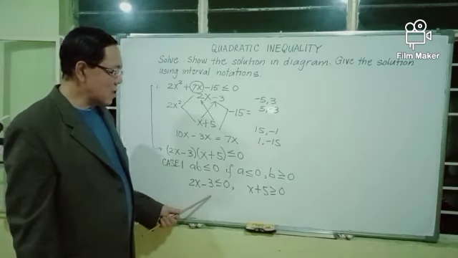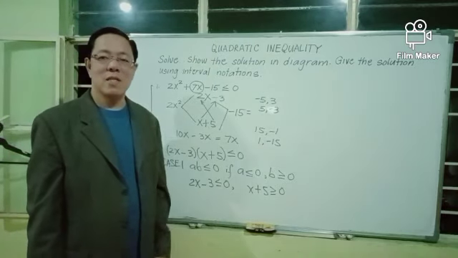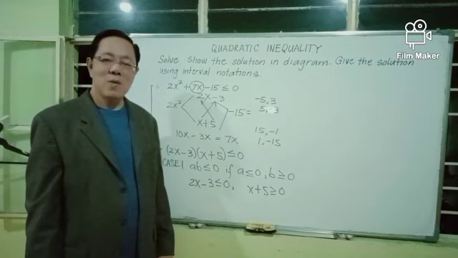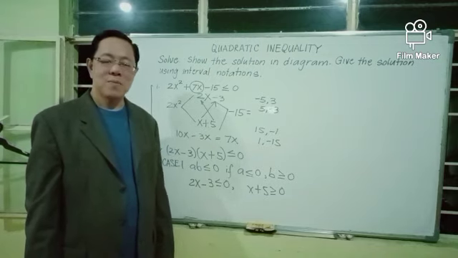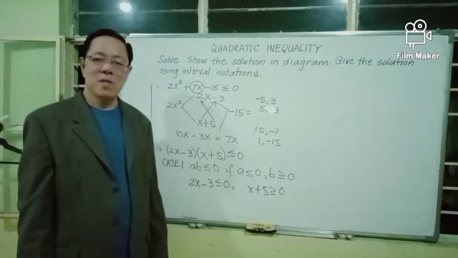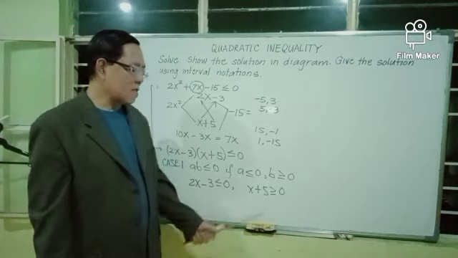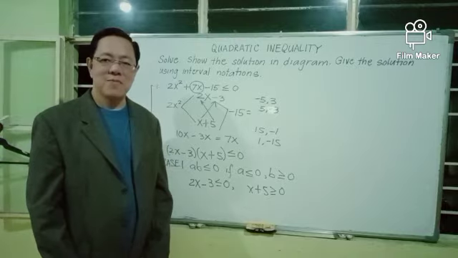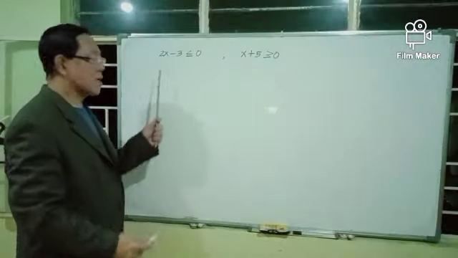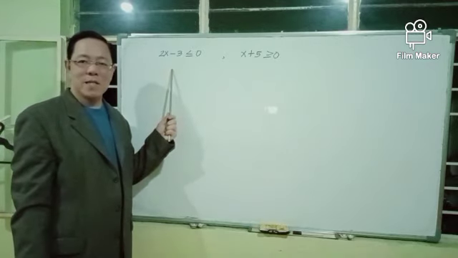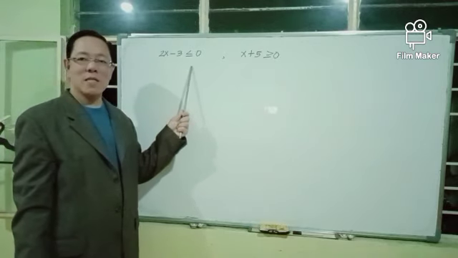As I said, we would solve each of these linear inequalities and we will get the intersection of their solutions because both of these inequalities must be satisfied. We start by solving the first linear inequality, 2x minus 3 less than or equal to 0.